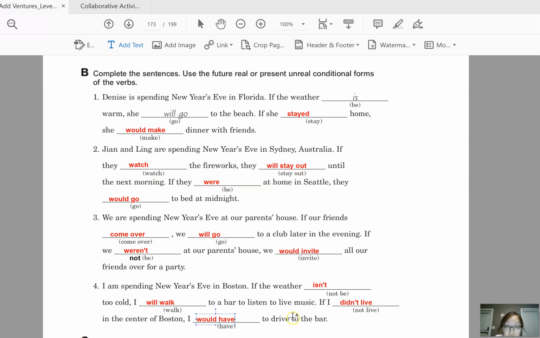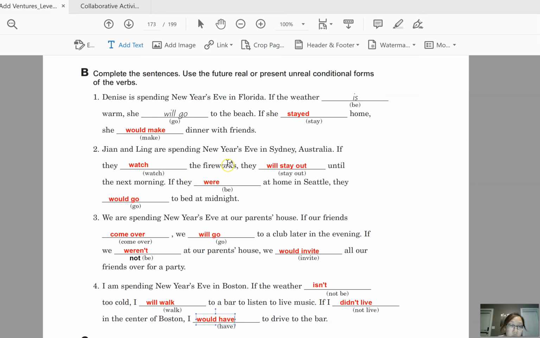But this person doesn't have to drive to the bar because it seems that he or she lives in Boston. But if he or she didn't live in the center of Boston, he or she would have to drive to the bar in general. So this one is a present unreal conditional.